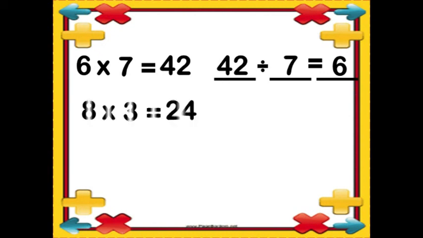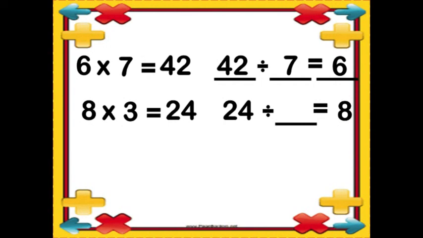Another example we have here, 8 times 3 is equal to 24. So if we have here 24 divided by a blank, that is what we are going to find, is equal to 8.